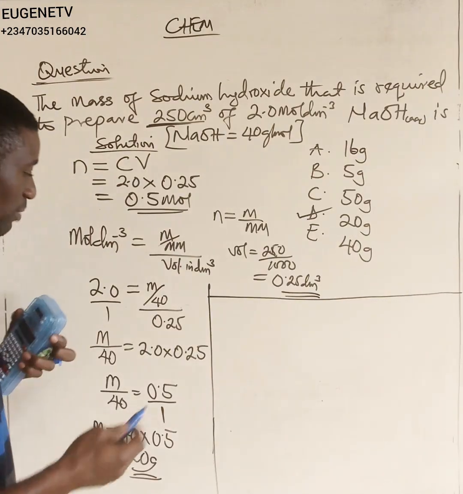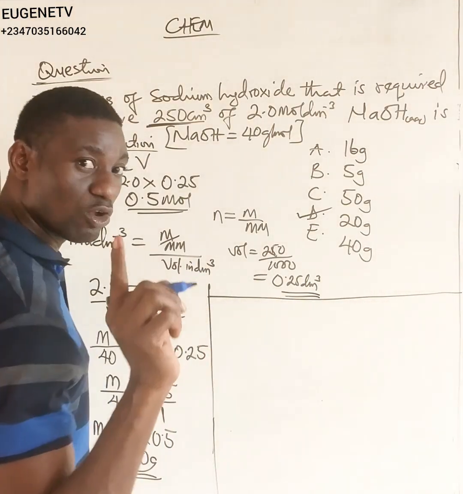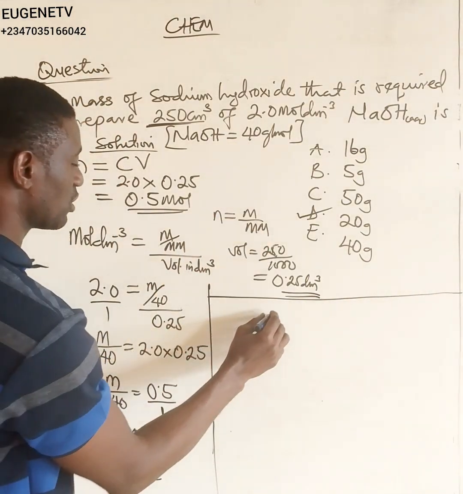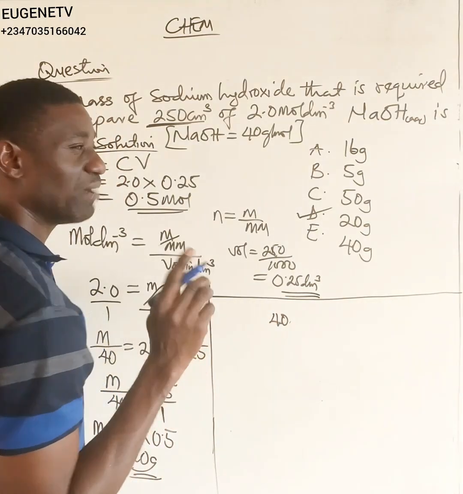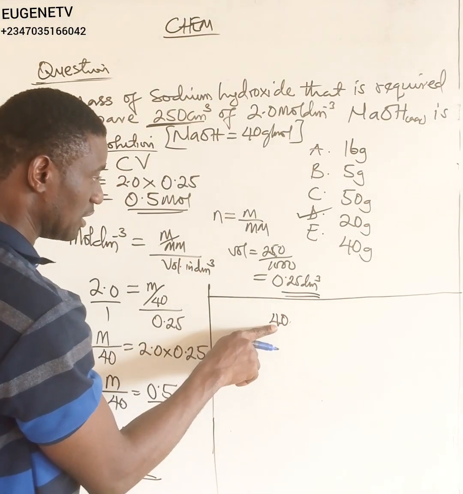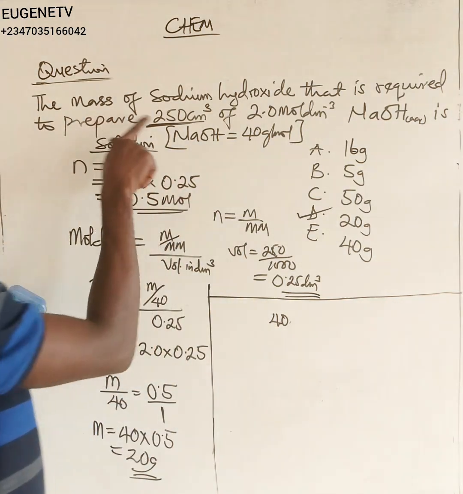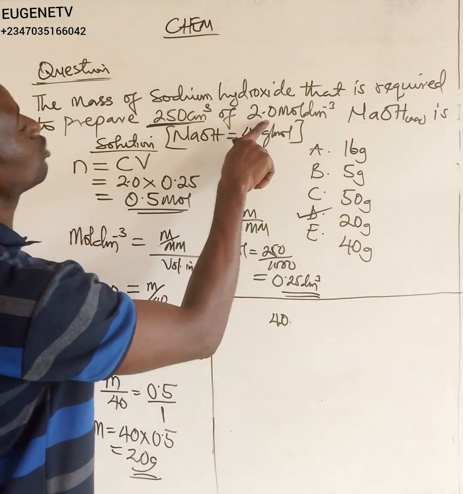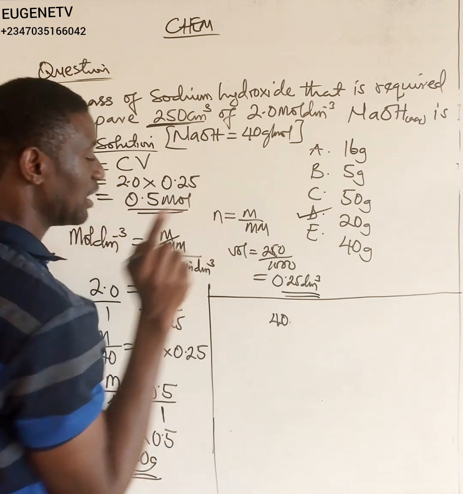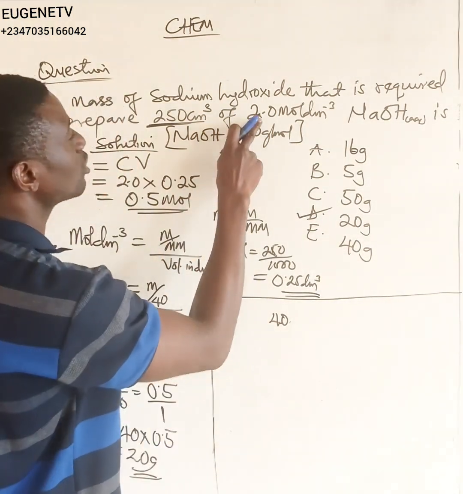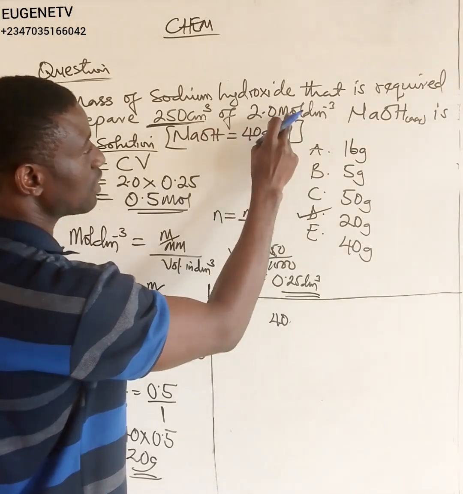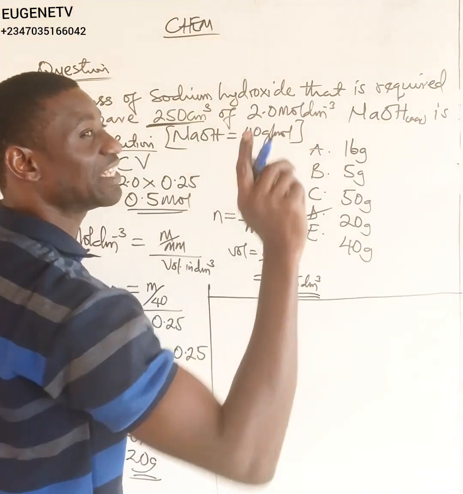Now, remember, the mass of 1 mole of sodium hydroxide was given to be 40 grams per mole, or let's just say 40. For the equation to say 2 mol/dm³ of sodium hydroxide, it simply means that 2 moles of the alkali were dissolved in 1000 cm³.